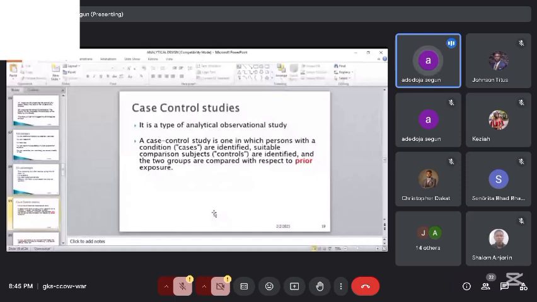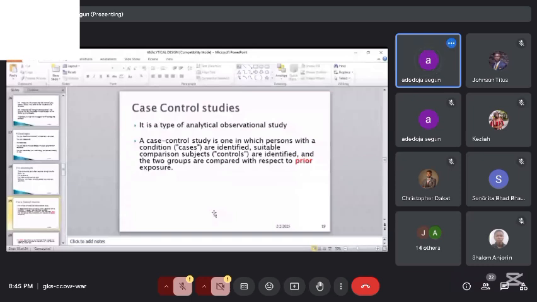We have criteria for using each and every study design we have been talking about from the previous sessions. There must be a reason why we are choosing a particular study design. Our research questions and objectives will determine the type of study design that will be suitable for that particular study we want to do.